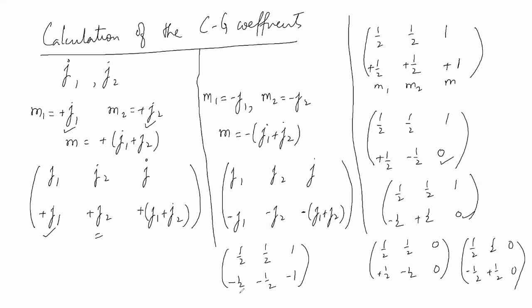Therefore, this is again the case when J1 has projection minus J1, J2 has projection minus J2, and then projections are algebraically added. Then what I had told you is that if these are the two cases where the projections are extremum, whether maximum or minimum, then what should be the value?